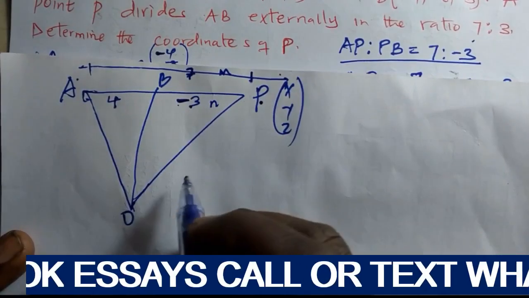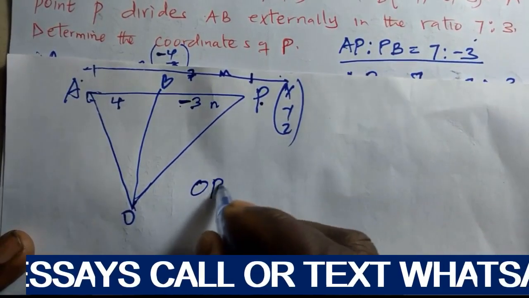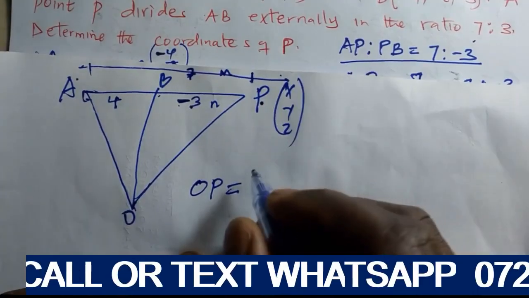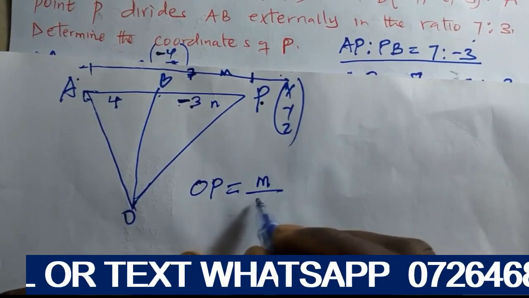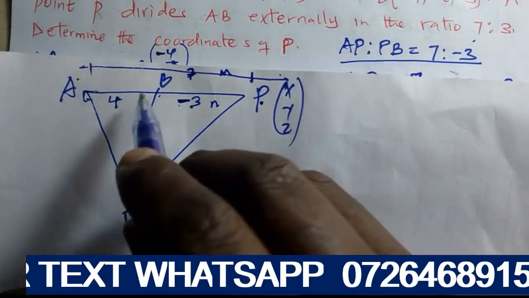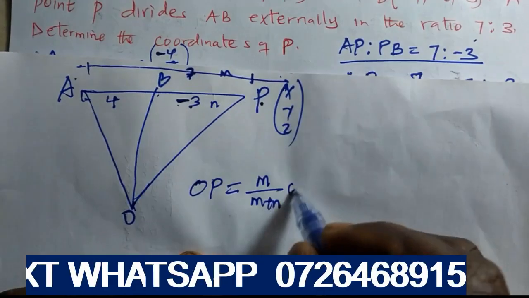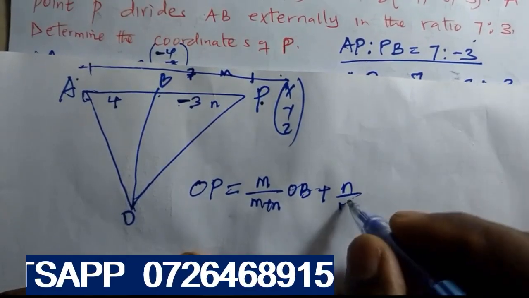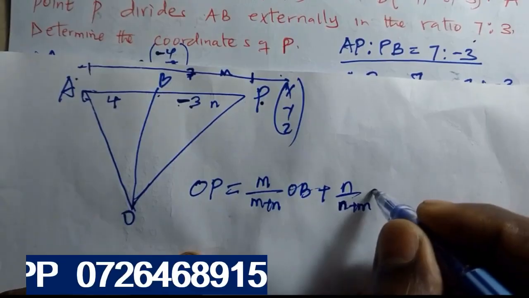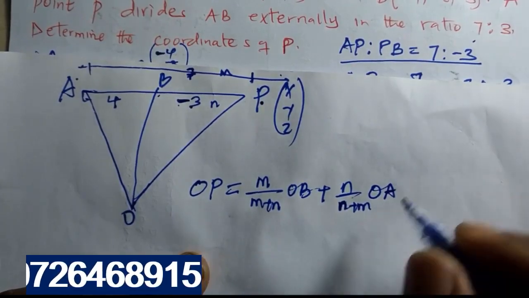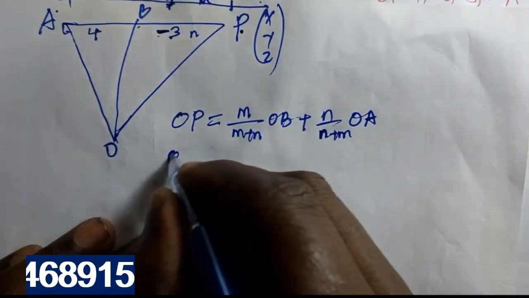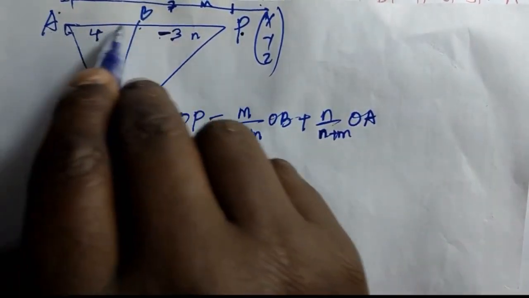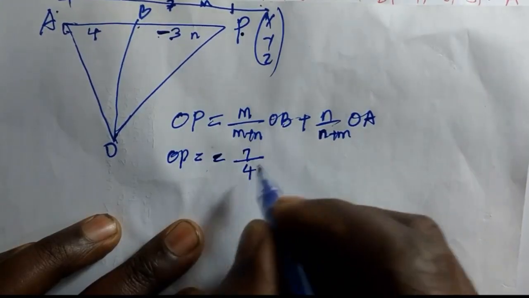So we are going to use the ratio theorem direct to get OP in terms of B. OP will be m over m plus n OB plus n over n plus m OA. So OP, which is XYZ, is equal to m is 7 over total, which is 4.